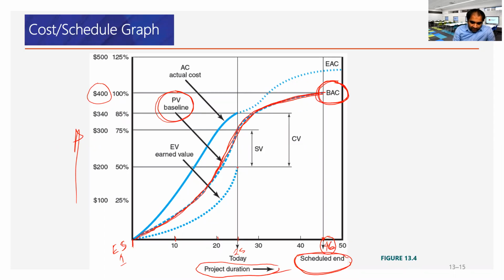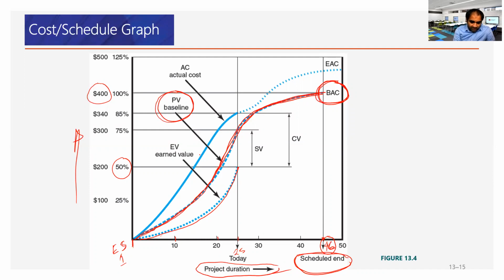In terms of the total number, this graph here shows the earned value. All right. So it shows that 50% of the project is completed. If you look at all those graphs here, this is earned value.